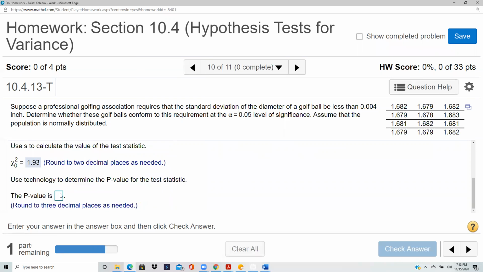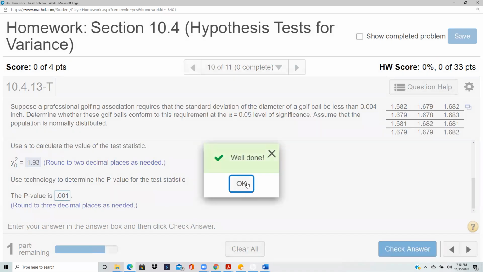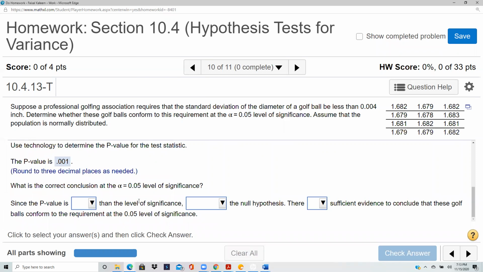And the p-value was 0.0013, so 0.001. And p is less than alpha, so 0.001 is less than 0.05. Since p is less than alpha, we reject the null, and there is evidence.